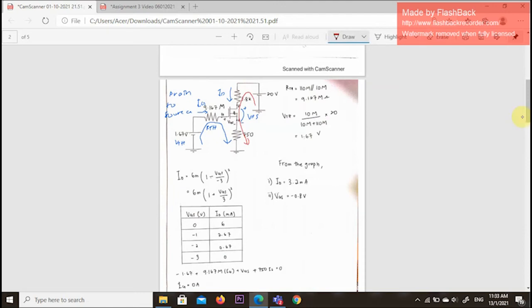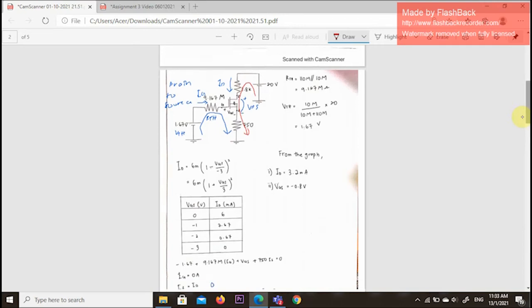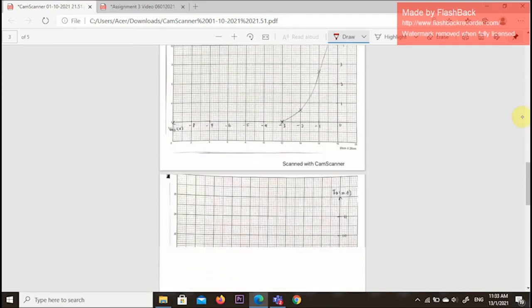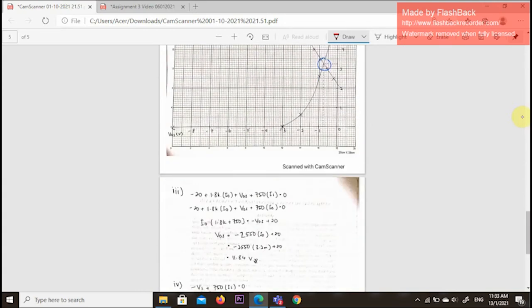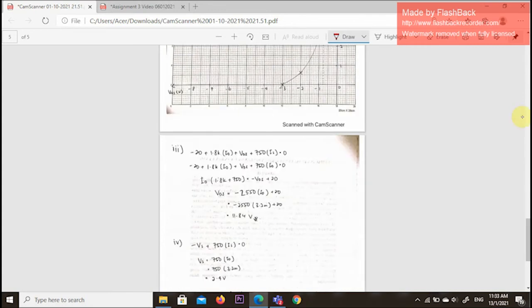So negative 20 plus 1.8k ID plus VDS here and plus 750 IS. This is the equation that we get from the KVL loop.